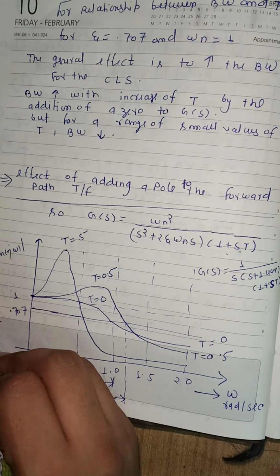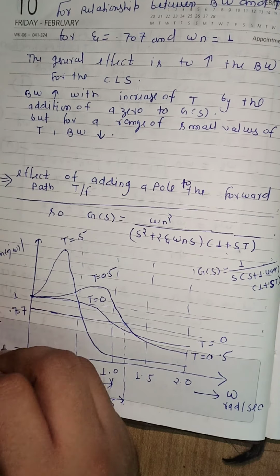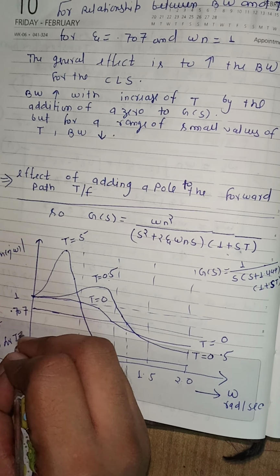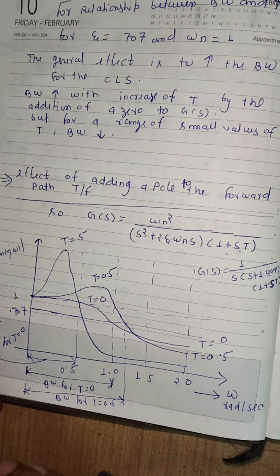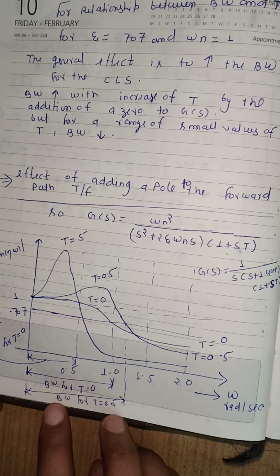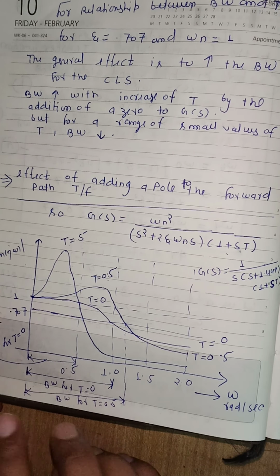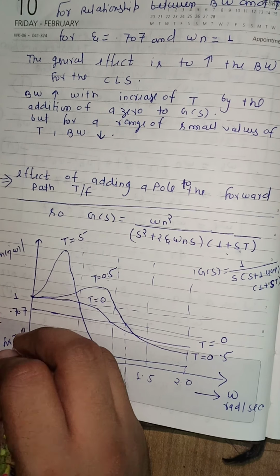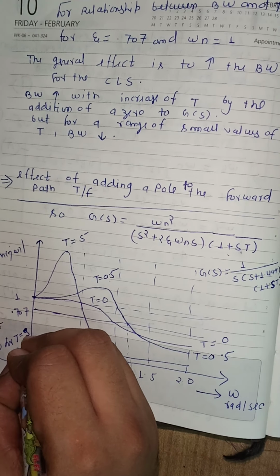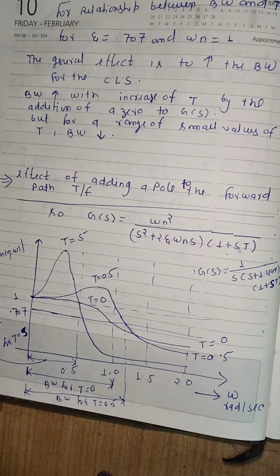From the diagram you can easily see this. So in which case is the bandwidth maximum? For T equal to 0.5, and in which case do we have the minimum bandwidth? For T equal to 5.